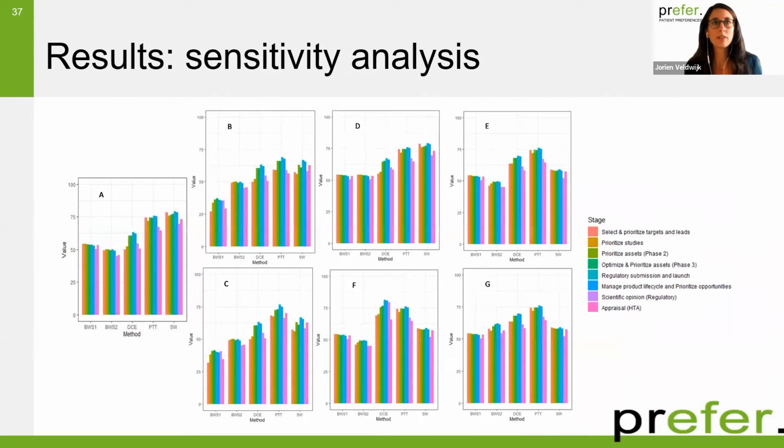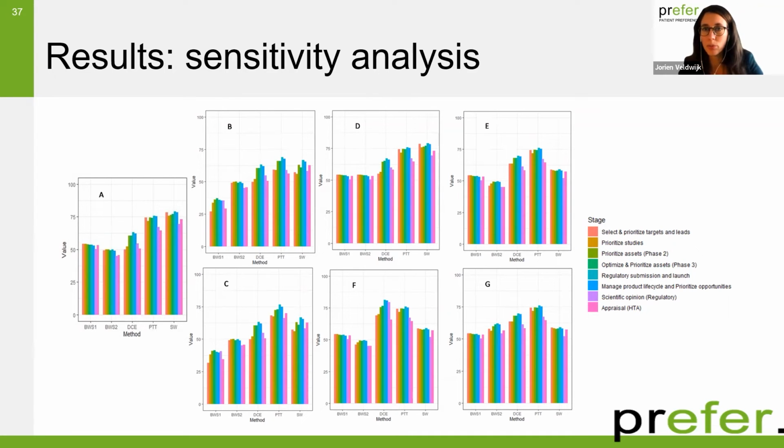If we can go to the next slide, we did several sensitivity analyses. So what we see on this slide in picture A is the original scoring of methods as calculated as part of this study. Picture B and C reflect uncertainty in the originally published performance matrix of Work Package 2. And it shows what happens if we alter the performance scores.